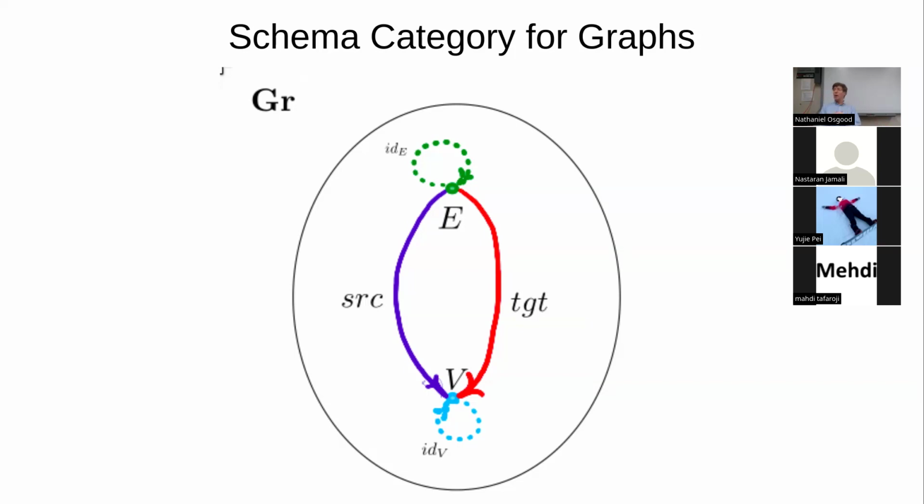You may remember last week we talked a little about diagrams and diagrams into Set. We have a shape category, and we sometimes map that into Set and find all functions in Set, or find pairs of sets as a map from a pair of objects in the shape category into Set.